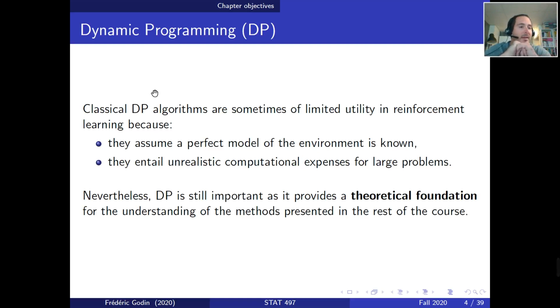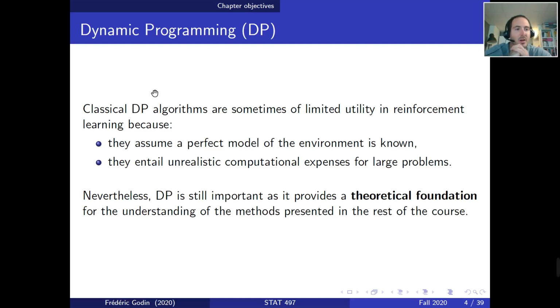In practice, there are many problems where you don't know how the environment behaves. You can interact with the environment, but you don't have the probability distributions of landing in the various states. This is one reason why reinforcement learning will be useful in subsequent chapters.